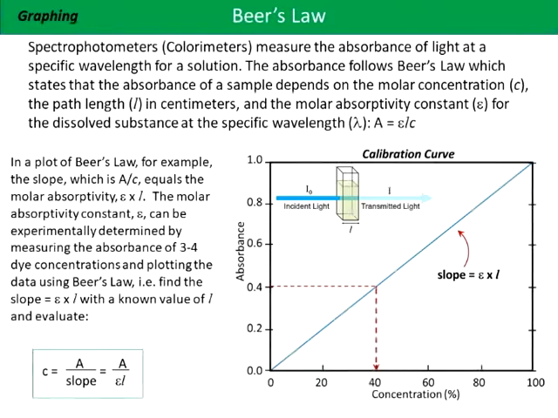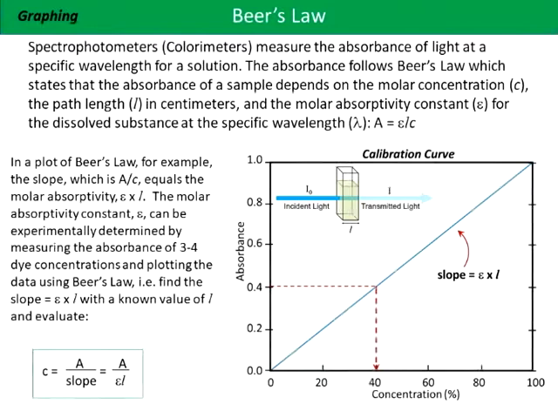The molar absorptivity constant is also known as the molar extinction coefficient, epsilon, for the dissolved substance at a specific wavelength.